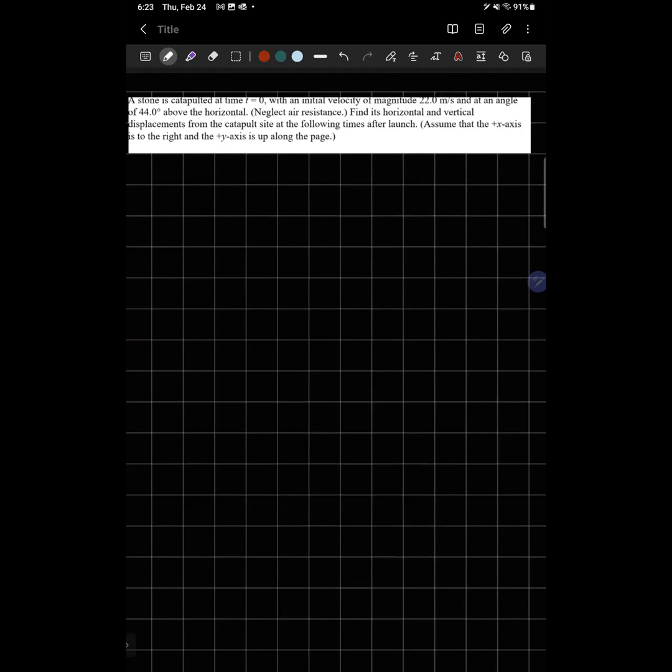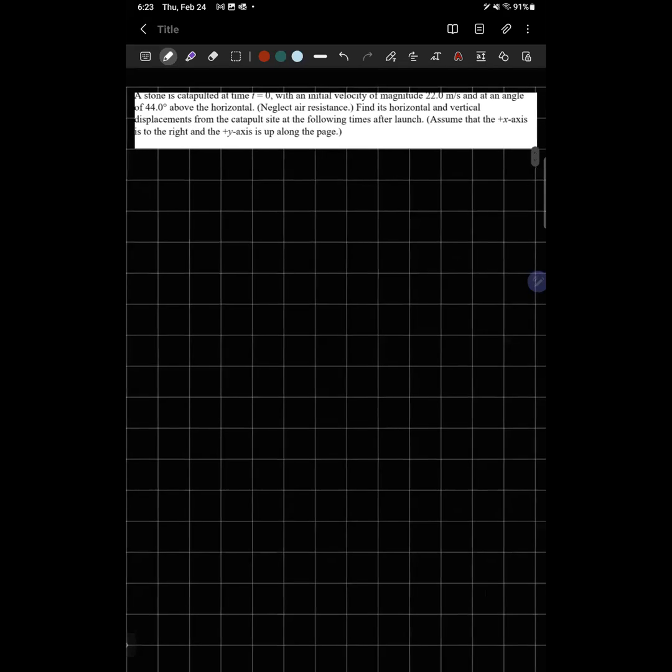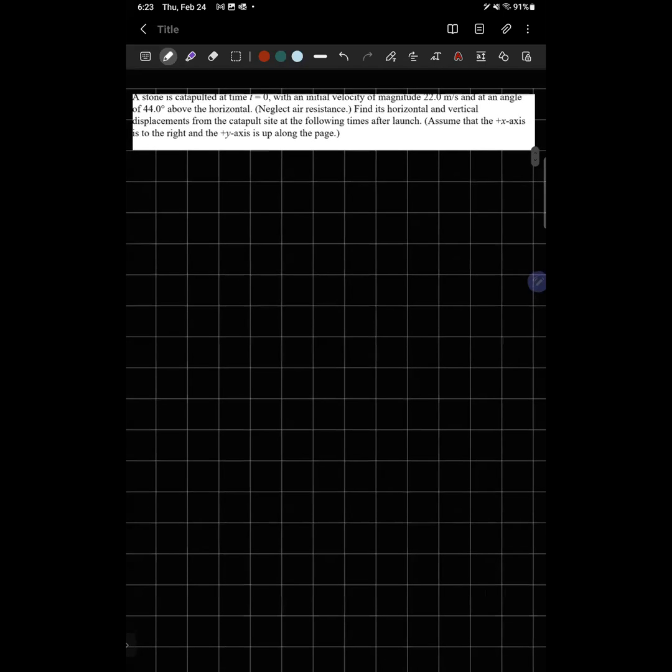A stone is catapulted at time t equals 0 with an initial velocity of magnitude 22 meters per second and at an angle of 44 degrees above the horizontal. Neglecting air resistance, find its horizontal and vertical displacement from the catapult site at the following times after launch.